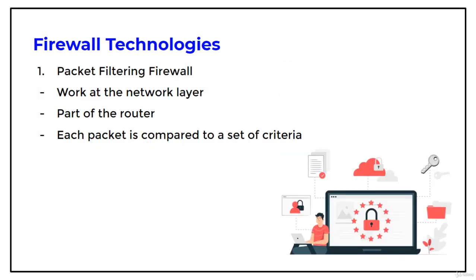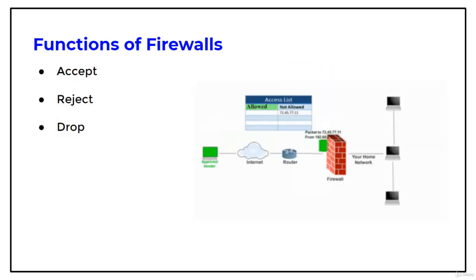So, before we see the firewall technologies, we should know how a firewall works. Let us go back to the slide where we have seen the small video. Yes. The firewall matches the network traffic against a set of rules defined in its table. You can see the table there. Once the rule is matched, the associated action is applied to the network traffic.